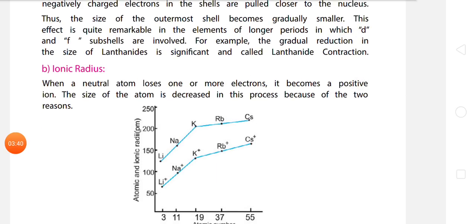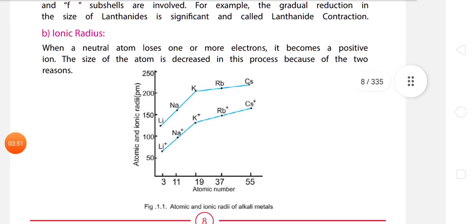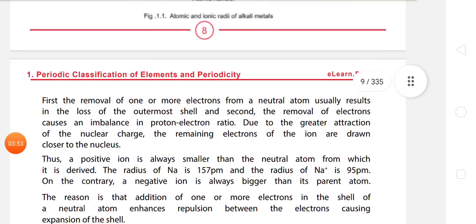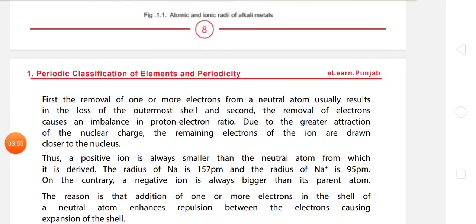Ionic radius. When a neutral atom loses one or more electrons, it becomes a positive ion. The size of the atom is decreased in this process because of two reasons. First, the removal of one or more electrons from the neutral atom usually results in the loss of the outermost shell, and second, the removal of electrons causes an imbalanced electron-proton ratio due to the greater attraction of the nuclear charge.